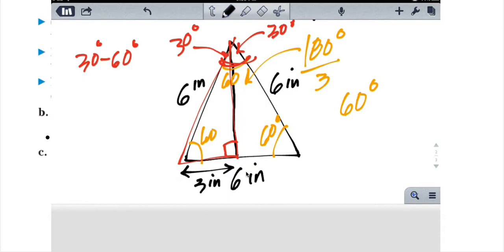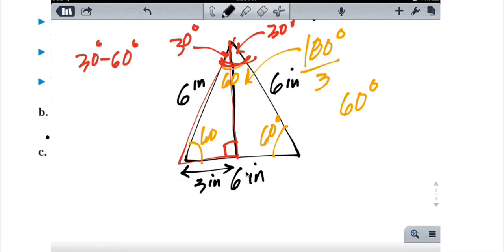Now, what do you notice about the measure of the base of our right triangle? If this is now our 30-60 right triangle, remember this is 30 degrees, and this is 60 degrees. Let's answer this question right here before we continue.